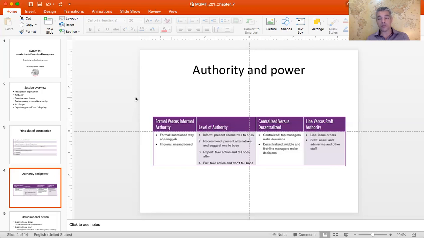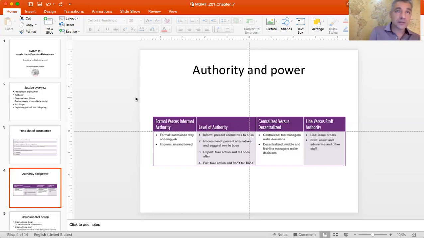This works a lot better with organic organizations. Again, these are the ones that are not necessarily constrained by super formal structures or rules and routines. These are the ones where flexibility is allowed and expected. So centralized for mechanistic, decentralized for organic.